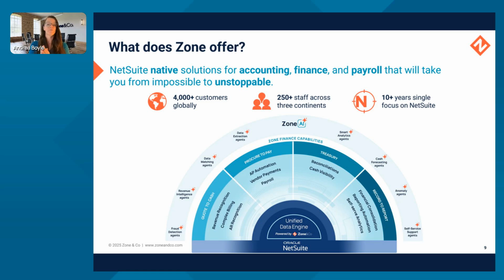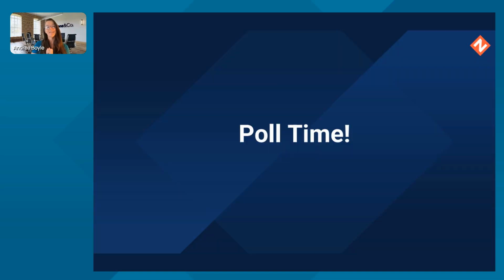We proudly support over 4,000 customers around the globe, and we have more than a decade of experience focused solely on NetSuite and finance. Our solutions extend NetSuite's capability by bringing advanced functionality and automation to the processes finance teams rely on every day.